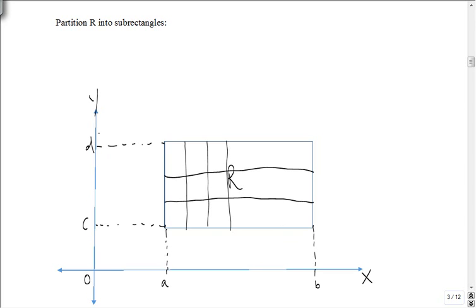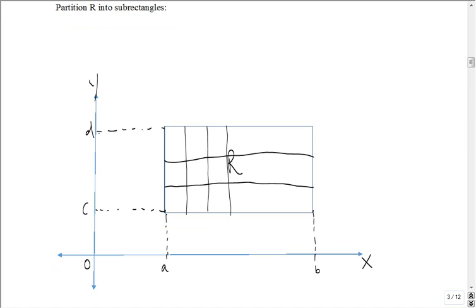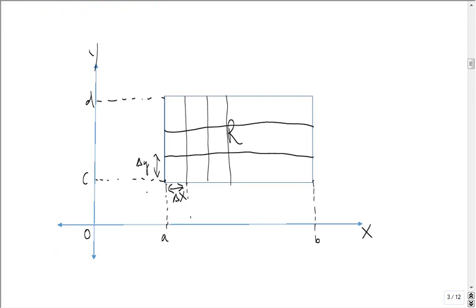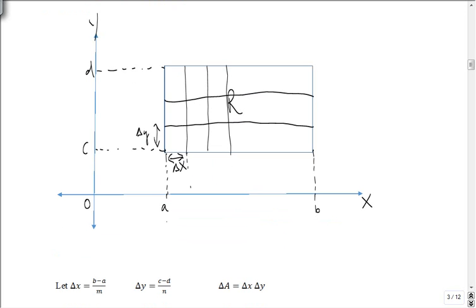So we are going to subdivide it, and like we did before, this distance here is delta x, and this distance here is delta y. They do not have to be the same, by the way. Let us say the number of intervals here is m divisions, and the number of intervals here is n.